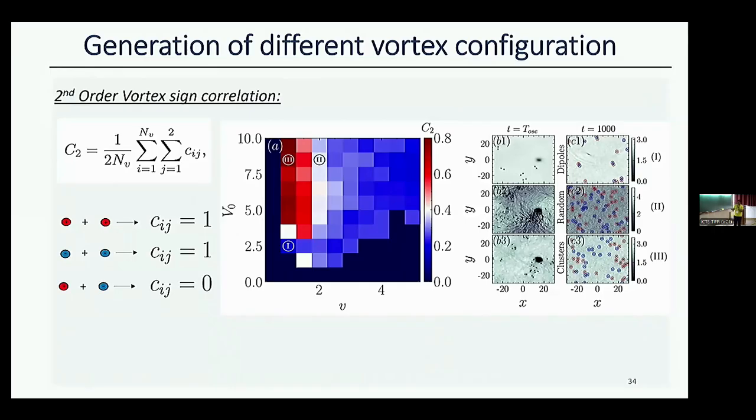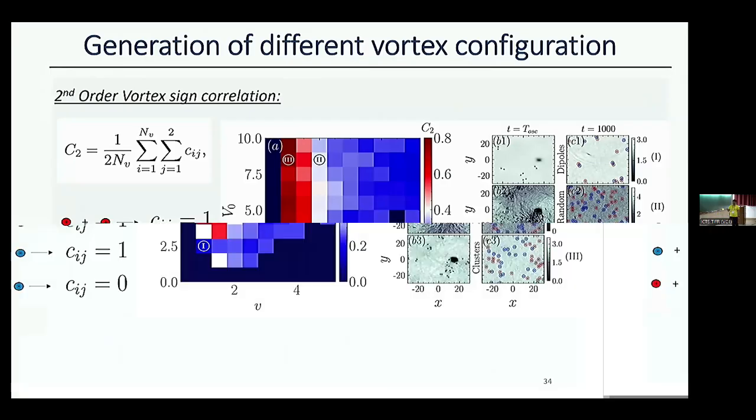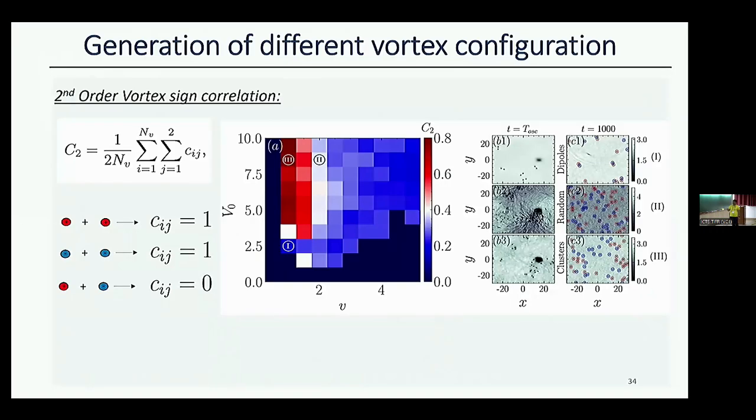Then we scan the strength of the Gaussian potential through which we steer the condensate, and this is the velocity. We scan the whole region to see what kind of vortex configuration we are able to generate in these different parameter regimes. The parameter regime here is the strength of the Gaussian potential, and this is the velocity or the rotation speed through which we create the vortices.